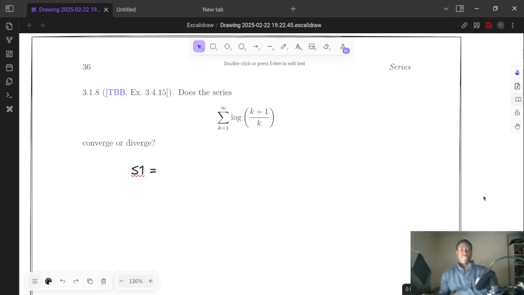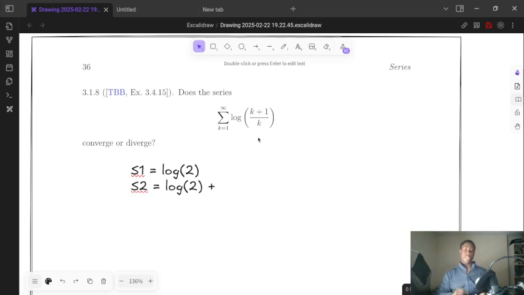So here we have log of 2 for S1. For S2, we're going to have the same part as above, but now we add a new term.